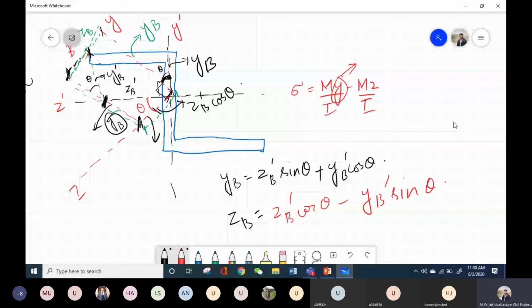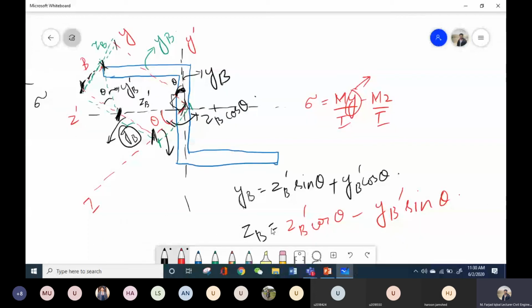So now I have these two formulations for YB and ZB. If I know this ZB dash distance, which is basically the distance on the straight axis, for example, if I want to find the stresses at point B, and I know this ZB distance and YB distance for this point B, and I know the inclination of this principal axis with respect to the horizontal axis, then I will simply apply these formulations to calculate these perpendicular distances.